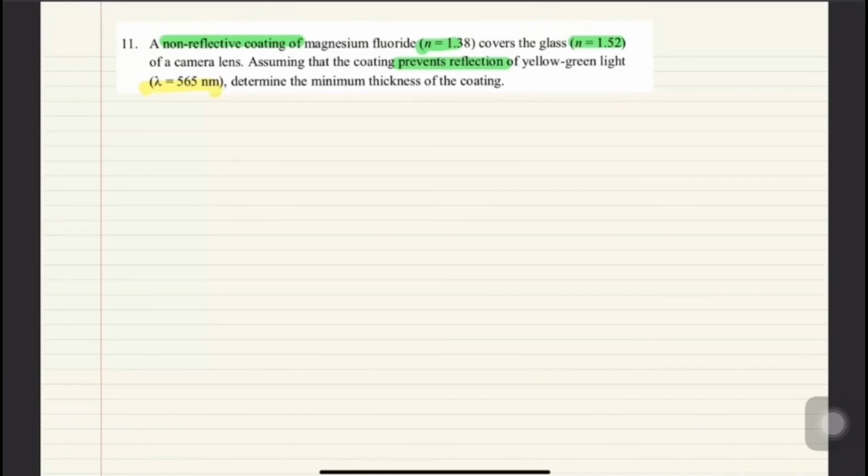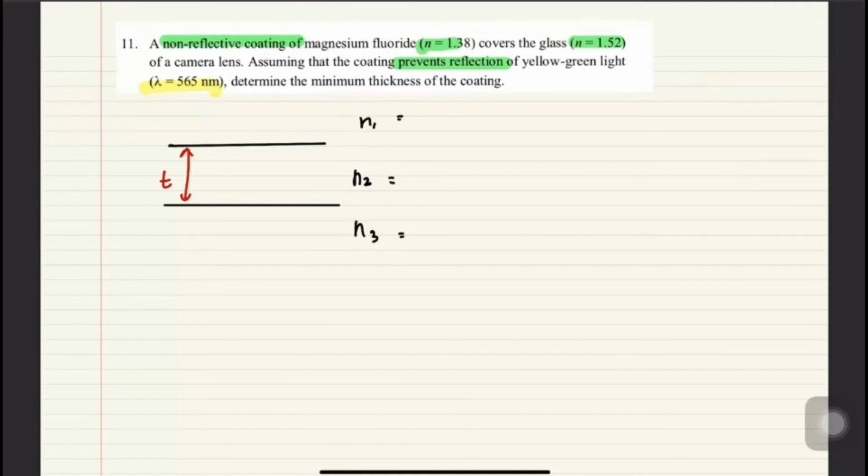Okay, first thing first, what do you have to do? Draw two lines. Yes, draw two lines. And then you label them. The thickness t, and then n1, n2, and n3. Okay, determine n2 first. What is the coating? The middle part, the thin layer, is the coating, and that is what we are talking about.